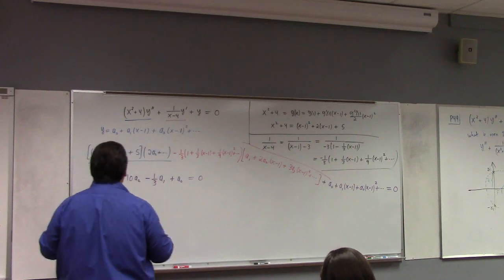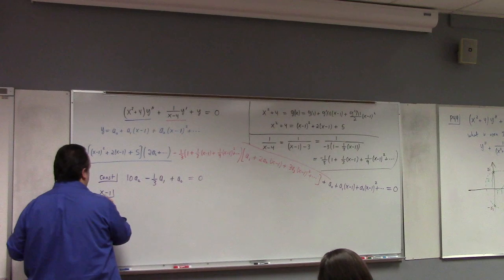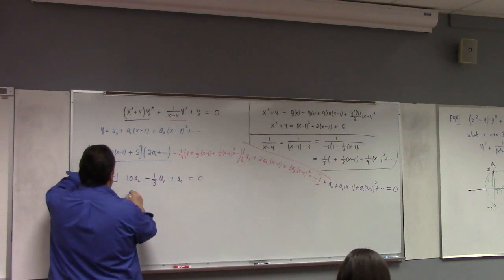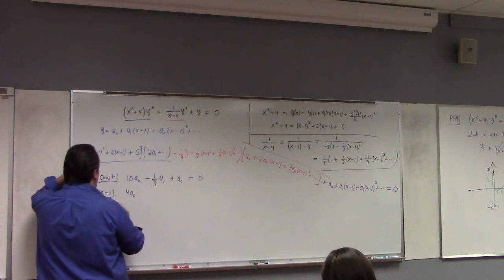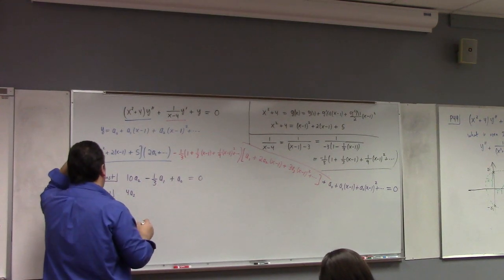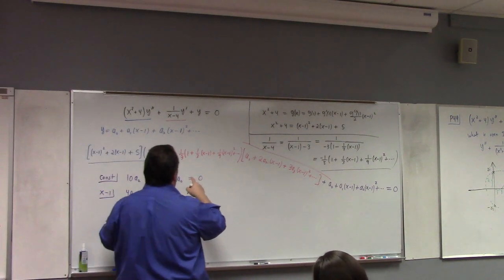Interesting. From the x minus 1 term, what do we get? We get a 4a2. And here I gotta be careful.